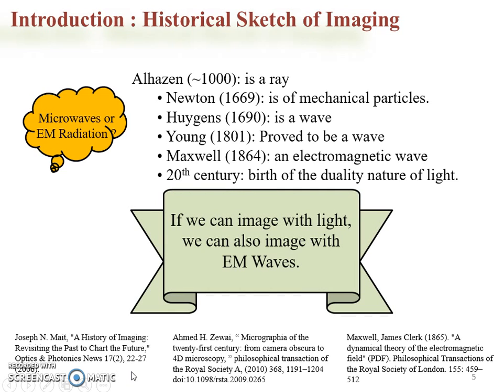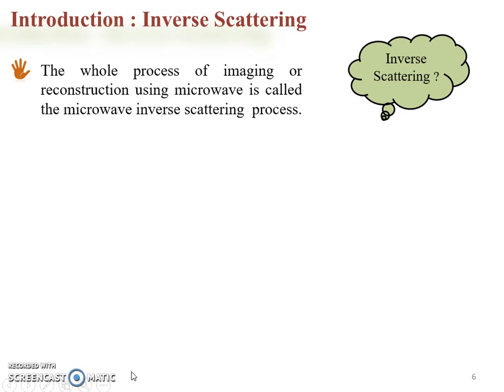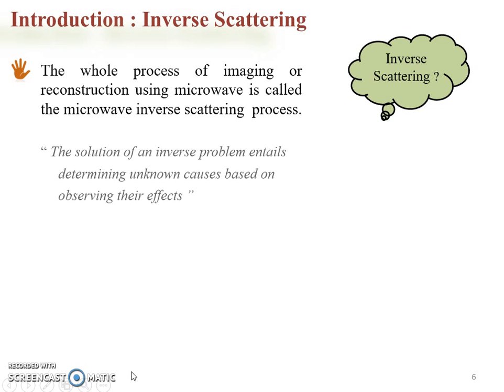Let's come to the point actually. If we can image with light, we can also image with EM waves, because those are all EM radiation. Let me explain what inverse scattering is, which we previously discussed. Inverse scattering is the process of reconstructing an image of an object by observing the scattering parameters from the object.